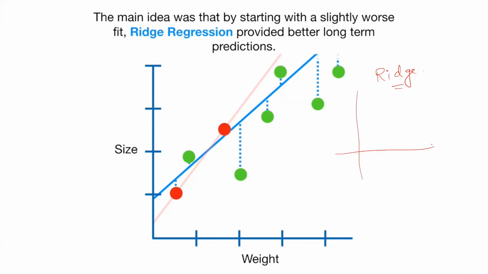Okay, you can take a pen and paper and say, if there is a steep line which fits well with the training data set but doesn't work well with the testing data set, we introduce a small bias in the data. And that small bias is lambda into the slope square, lambda into the slope square.